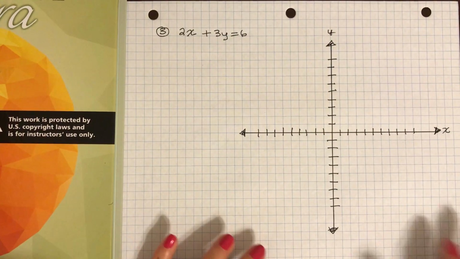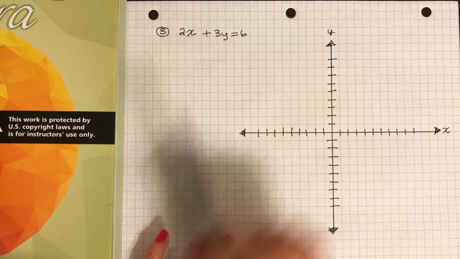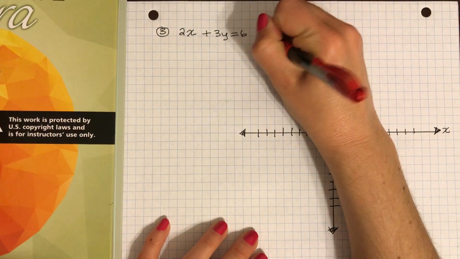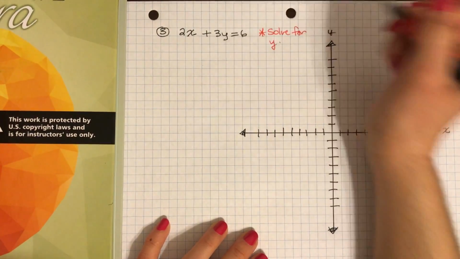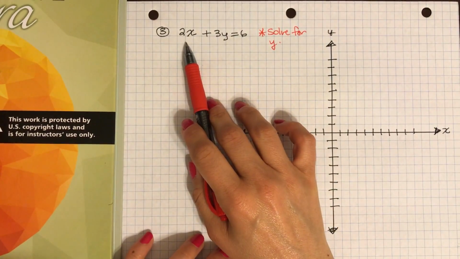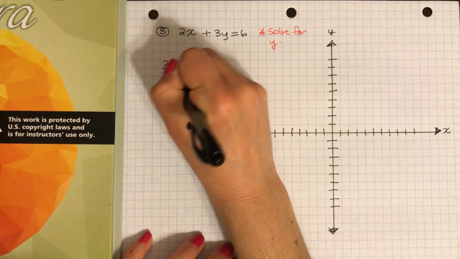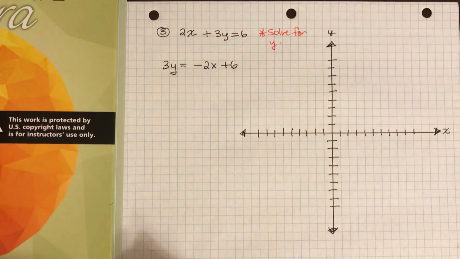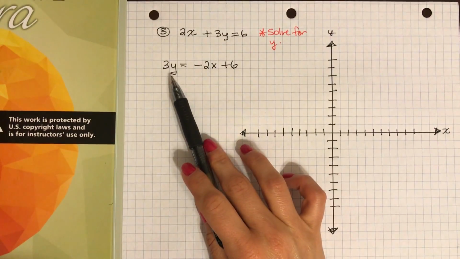So this one, we have an equation that is not in the correct form. We have to solve for y again, just like the previous example. To solve for y, the first step is to subtract 2x from both sides. The last step is we have to divide by 3 on both sides.